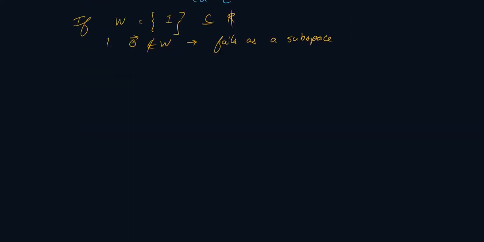Okay, so when you think about it, the zero vector subspace is kind of like the smallest possible vector subspace of a vector space V. Okay, let's say V is a vector space.